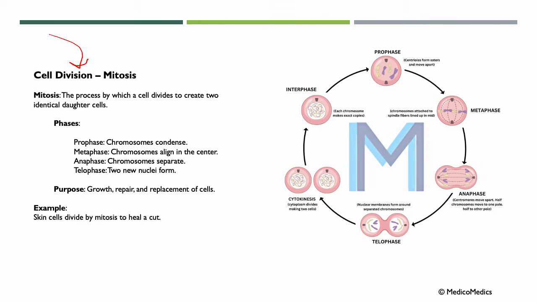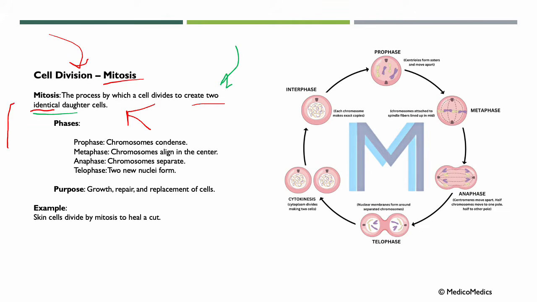Now, let's talk about cell division, also known as mitosis. So mitosis is the process by which a cell divides to create 2 identical daughter cells. And this is high yield, 2 identical daughter cells. Why it's important is because we will talk about the process of meiosis.